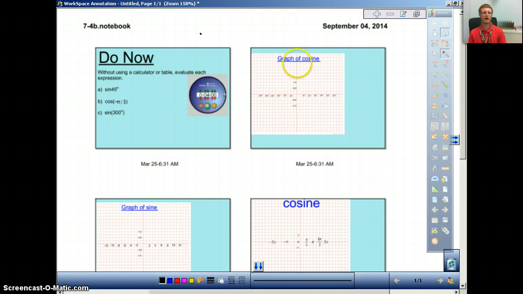So we need to make sure that we know how to translate that. When we graph a cosine, the easiest way is to know where the cosine is equal to 1, where it's equal to 0, and where it's equal to -1. If you recall, a cosine is going to be your x value. So we know that x value is equal to 1 at 0. We know that it's equal to 0 at 90 degrees.